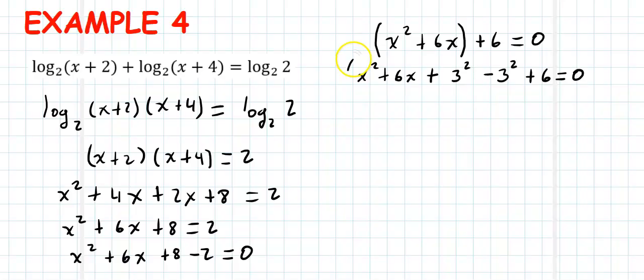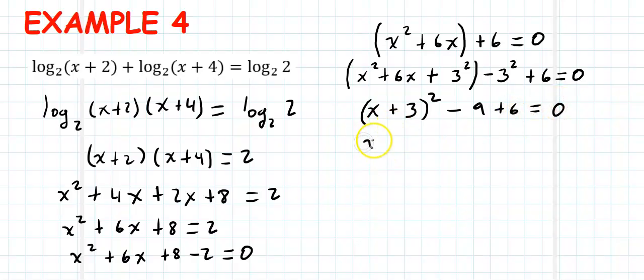So the trinomial is a perfect square trinomial. So the factorization is the square root of x to the second power, the square root of 3 squared, the addition of that squared to the second power, minus 9 plus 6 equal 0. So x plus 3 to the second power minus 3 equals 0.